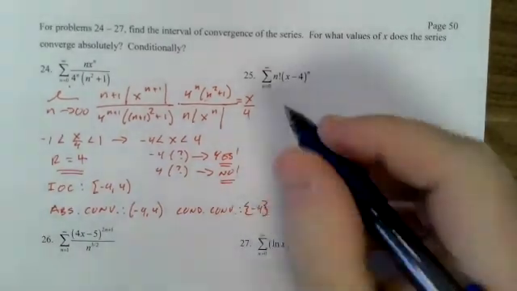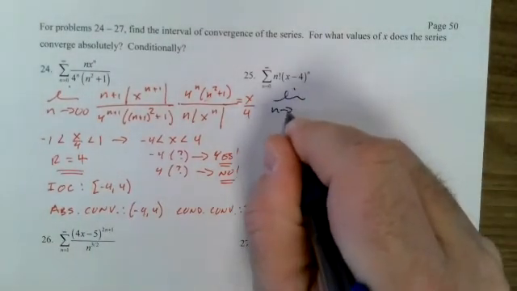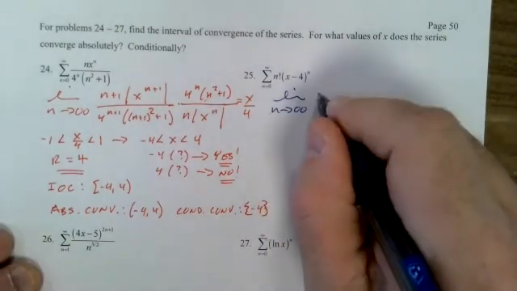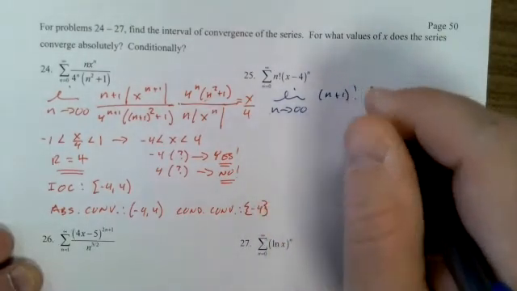Okay, onwards. Limit n goes to infinity, n plus 1 factorial.